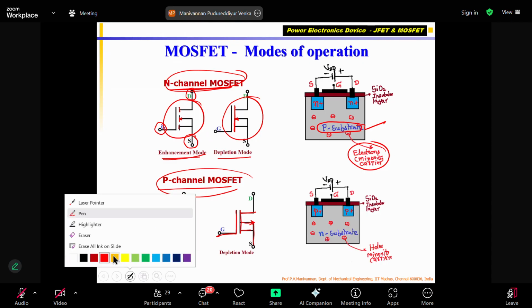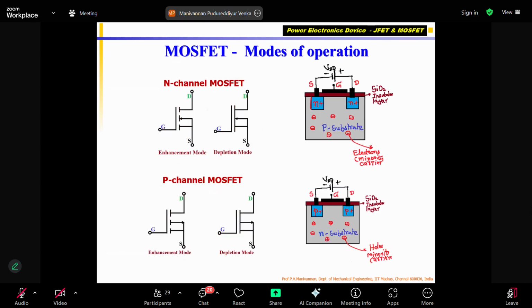Then what we do is dig two wells on the top side and dope them with heavy N plus. This is called a heavily doped N region.